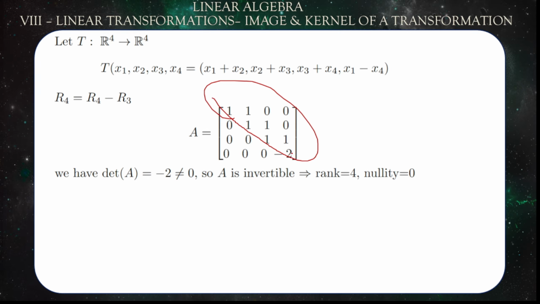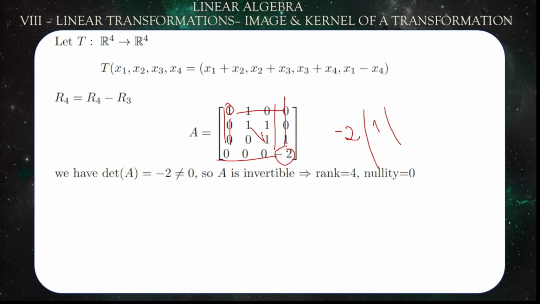You start with minus 2 here, and you evaluate the determinant of this: minus 2 multiplied by the first element, barring the intersecting rows and columns, so 1 multiplied by 1 minus 0, which is equal to minus 2, different than 0.